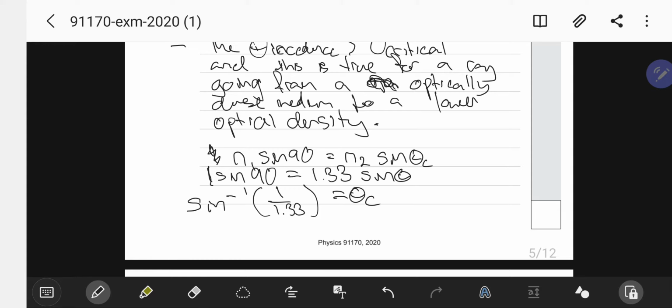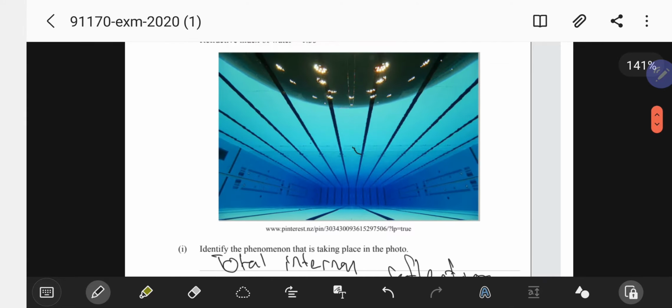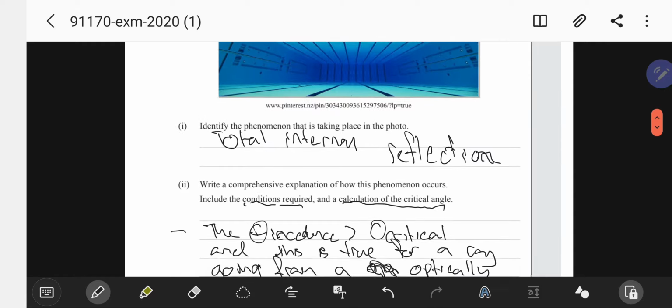Sorry guys. So this gives us a critical angle of 48.75, so 49 degrees.